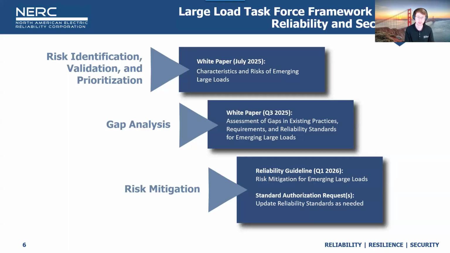The final piece, the reliability guideline that's slated to come out sometime next year, is, okay, now that we've found the gaps in existing practices and standards, what specific changes to processes like interconnection and modeling can we recommend to mitigate the risk from large loads?